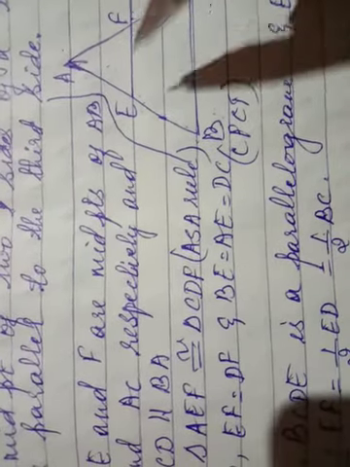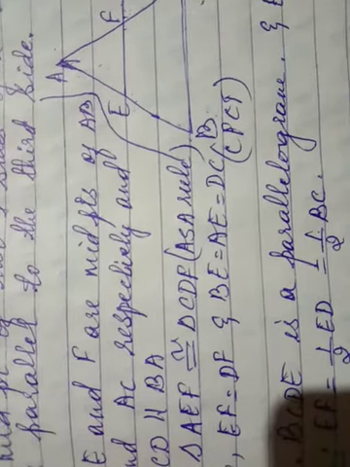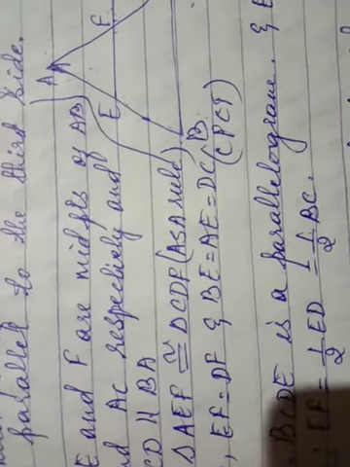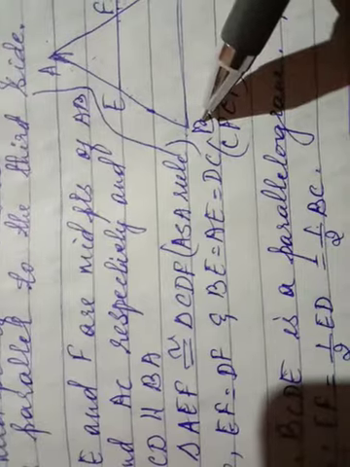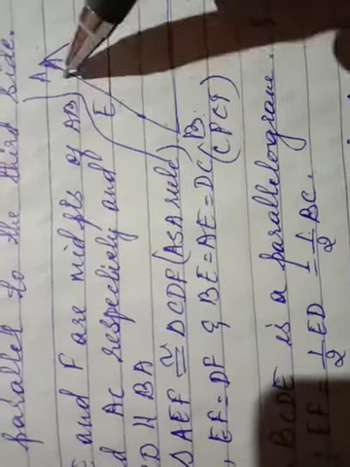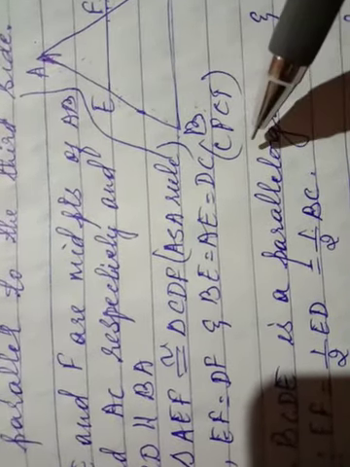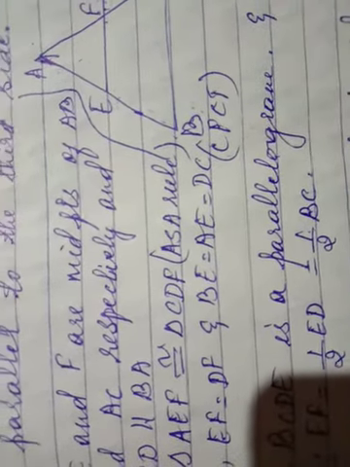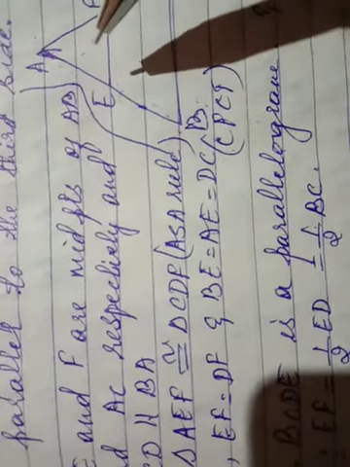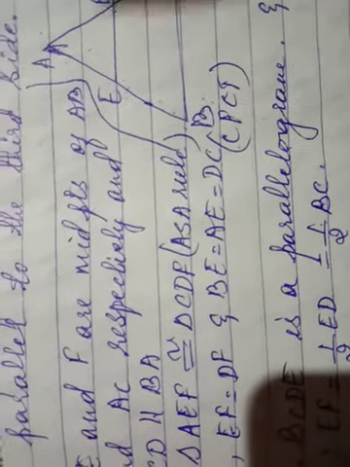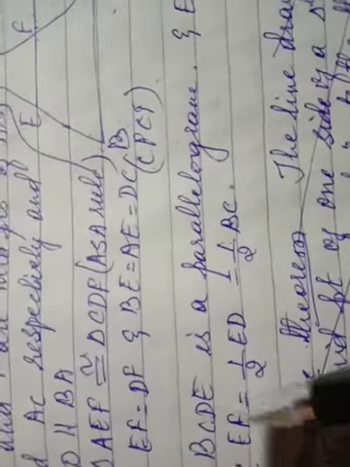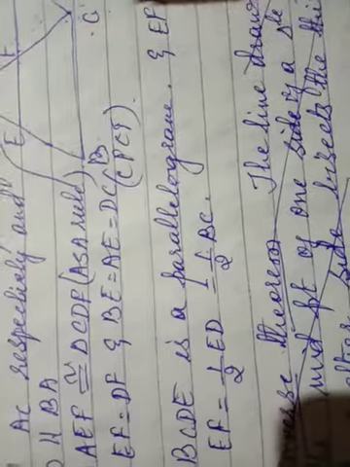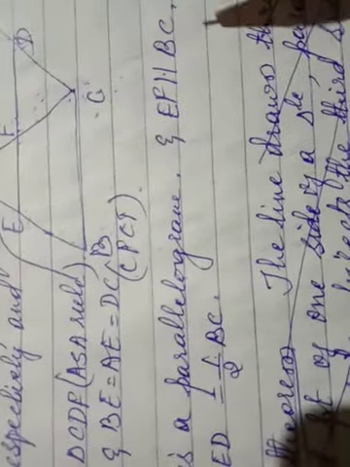So, EF is equal to DF, and BE is equal to AE. BE is equal to AE is equal to DC by CPCT. Therefore, BCDE is a parallelogram, and EF is parallel to BC.